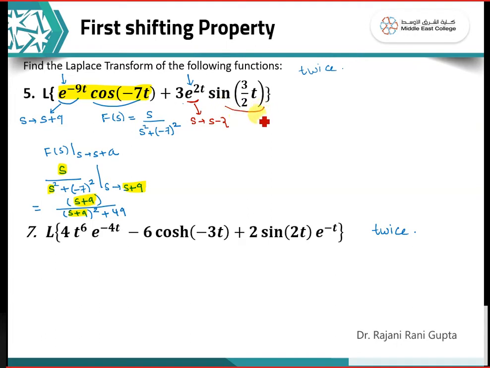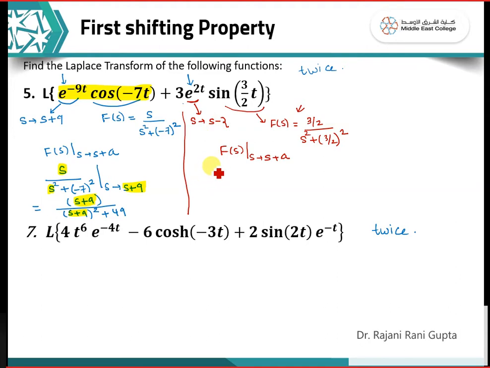Sine of 3 by 2 t gives you f(s), which is 3 by 2 over a square plus (3 by 2) power 2, because for sin at it is a over a square plus a square. Then put it in the rule, f(s), s goes to s plus a. In place of f(s), now we will use this. See, this portion is done, so no need to look at it again.